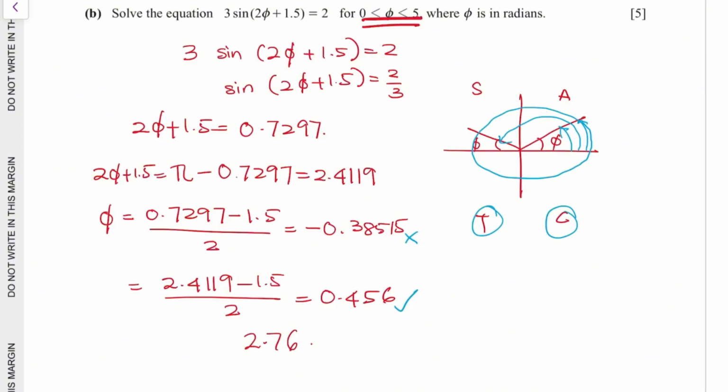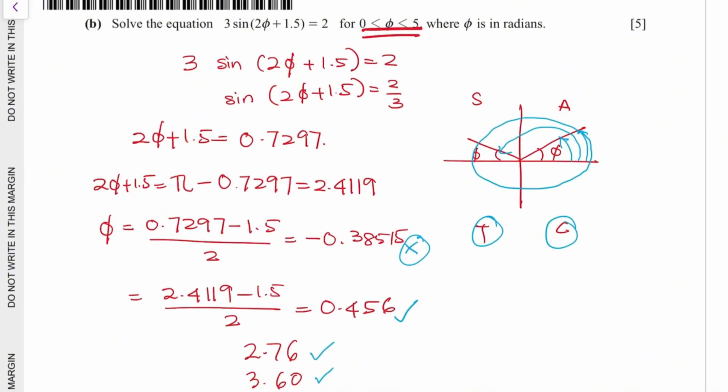The next one would be 3.60. Continuing from that round, you will be having 5.90, in which the first one did not fall within the range. The second one does. The third one does. Fourth one, yeah. The fifth one, no. So only angles that fall within the range are these 3.